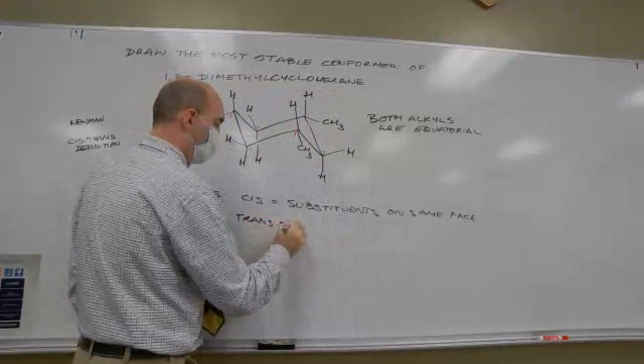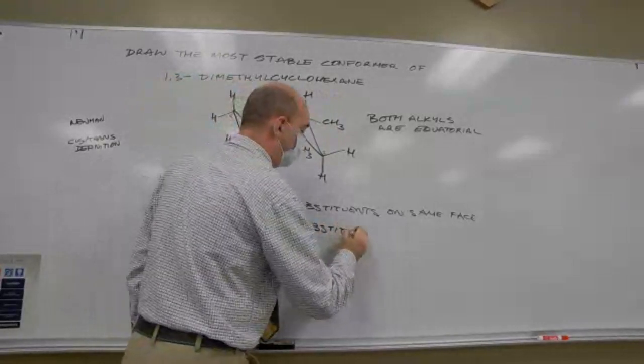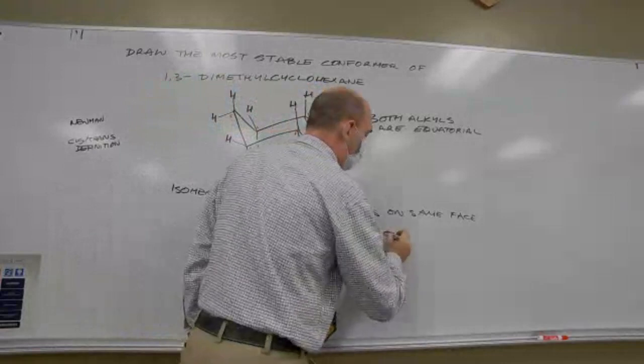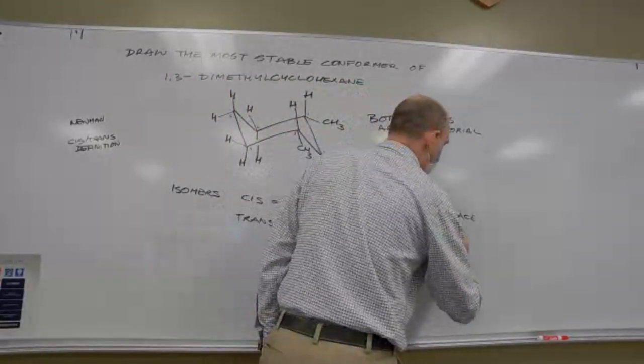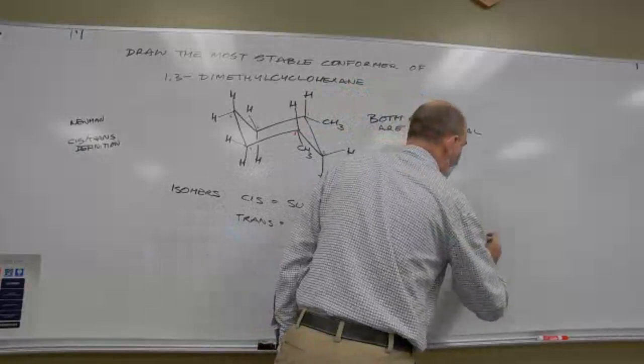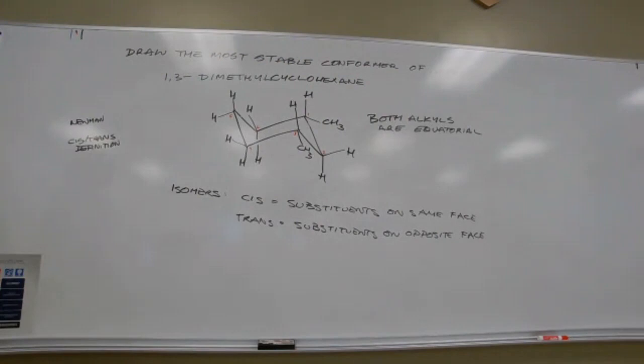Trans isomers have the substituents on opposing faces. The most stable conformer of 1,3-dimethylcyclohexane. Is that the cis isomer or the trans isomer?